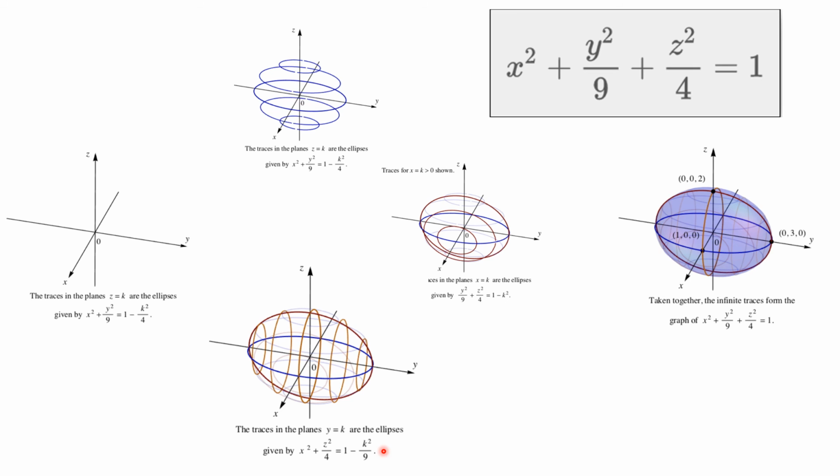Then we look at the x equal k plane. So we looked at y equal k, x equal k, and we get all of these ellipses. There's ellipses every way. If you take them together, you get this as the graph. And notice that we do know what these endpoints are by our calculation.